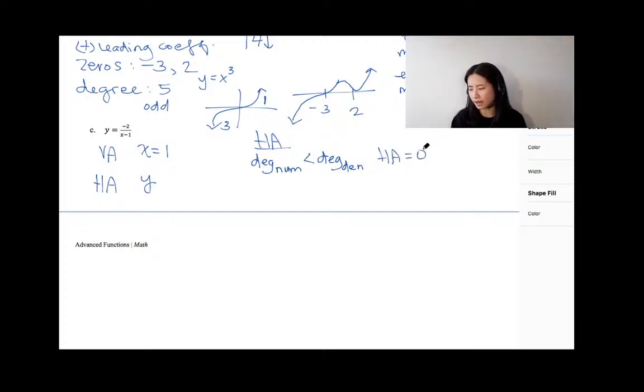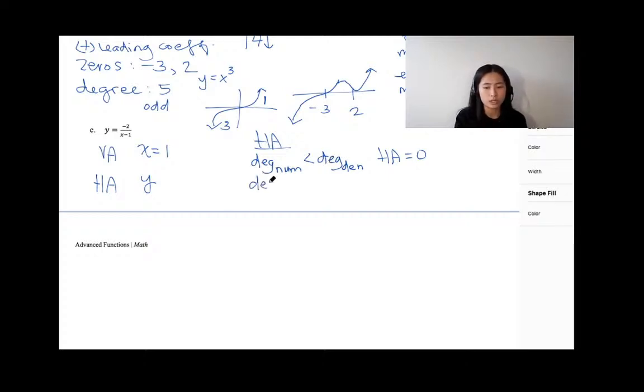So in this case, your horizontal asymptote would be 0. There's a difference between 0 versus none, by the way. If you say horizontal asymptote is none, that's completely wrong. You need to make sure that if the degree of your numerator is less than the degree of your denominator, it's 0 and not none.